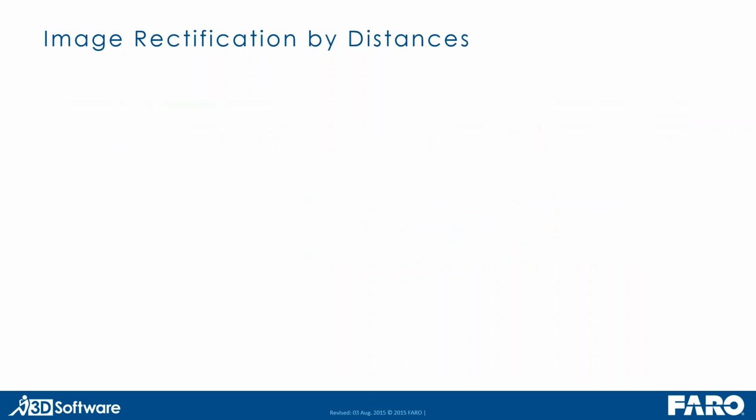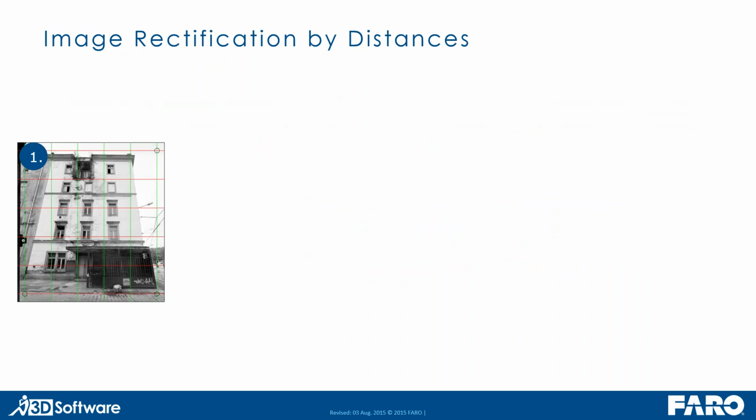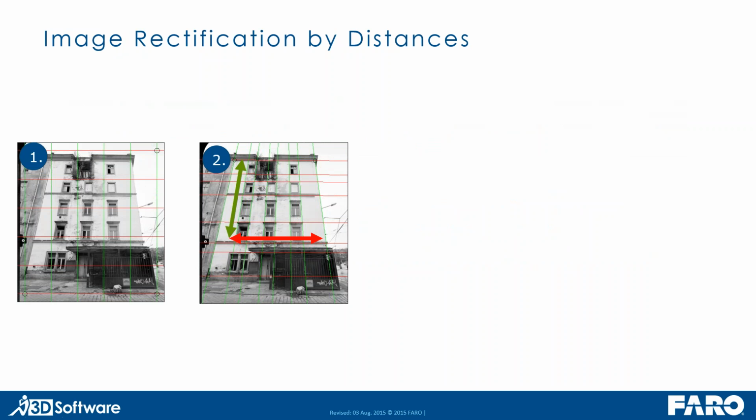The image rectification by distances works in a way that we provide a rectangular grid which we need to apply and adjust to the photograph like this. So parallel, horizontal and vertical lines in the photograph must then line up with the grid, or the grid has to line up with those lines.